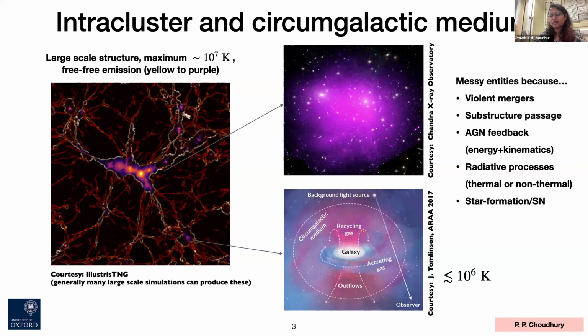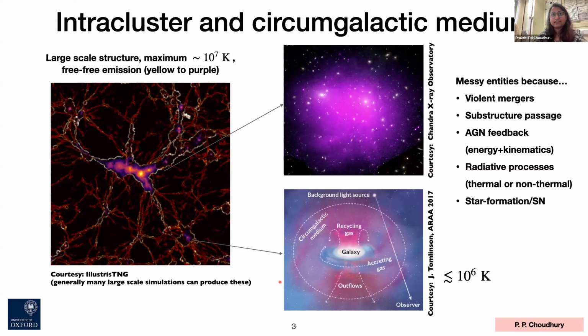This is relatively a new topic that people have been excited about, mainly because the temperature is small and it's faint in the X-rays, and there is no easy way to see the CGM. But largely speaking, the general geometry and structure is quite similar.